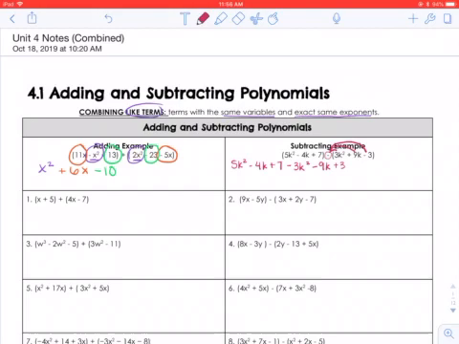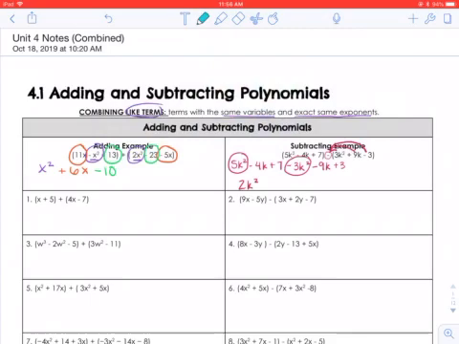Once again, we're going to start with our largest or our highest degree terms. We're going to combine them. So I'm going to find all of my k squareds. Make sure to include that negative if there's a negative. So I've got 5k squared and a negative 3k squared. If I combine them, that's 5k squared minus 3k squared, which gives us 2k squared.